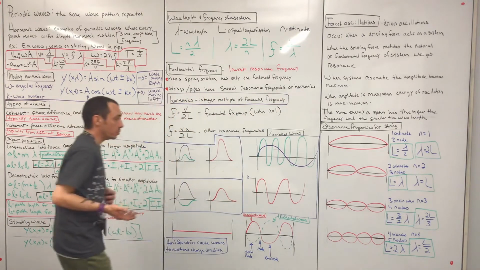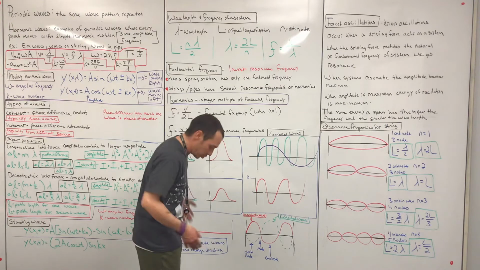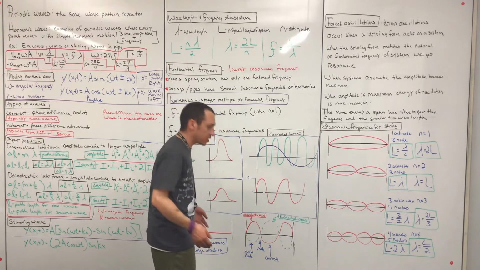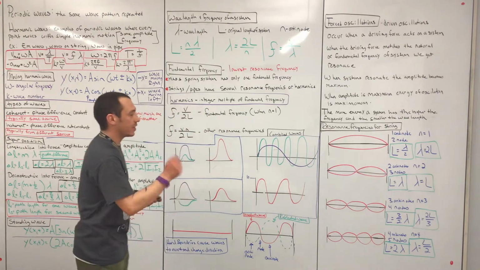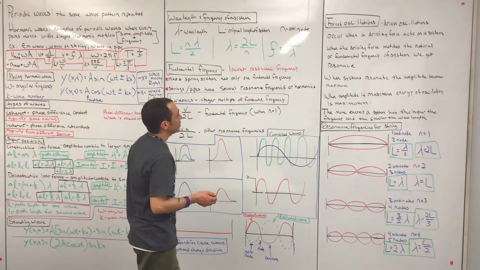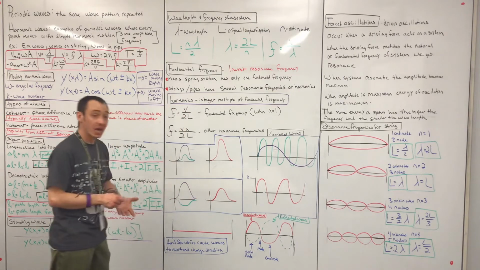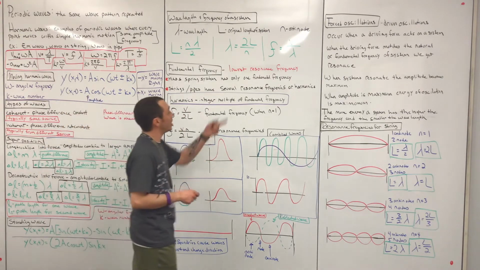So what we know is that all systems have a natural frequency that they oscillate at, okay? Like if I start to put energy into a rope, I might not get that rope to oscillate.